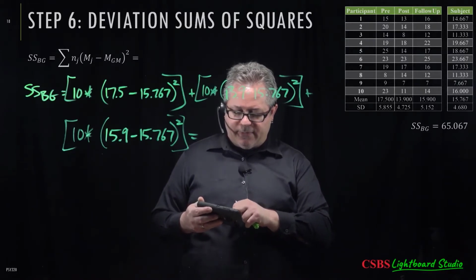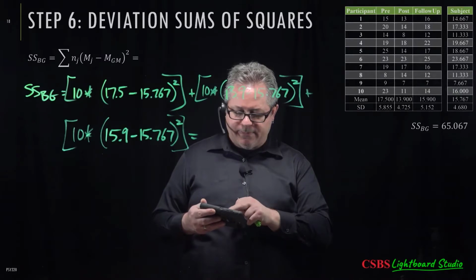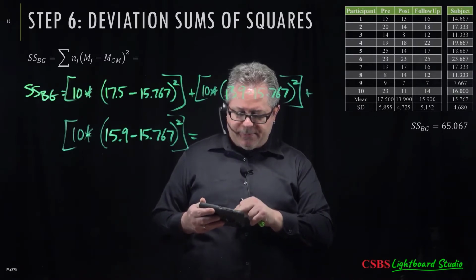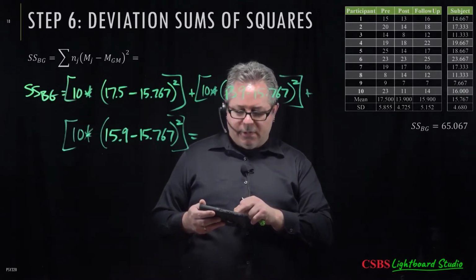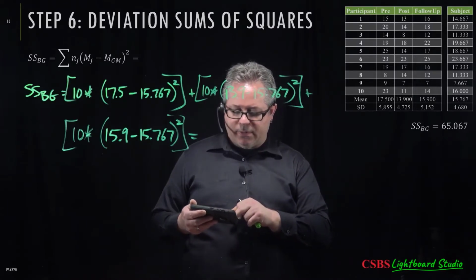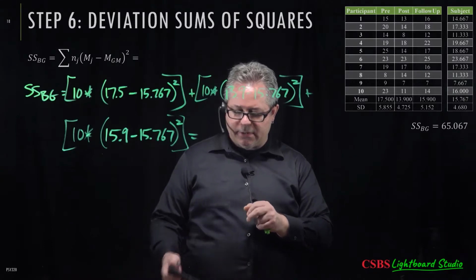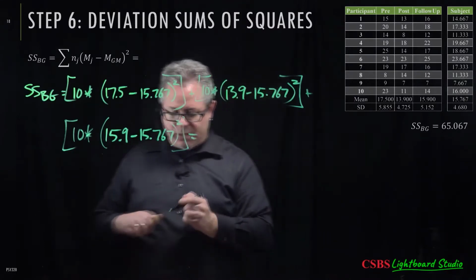17.5 minus 15.767 equals 1.733. Need to square that. It's 3.003 and then times 10, which is 30.033.